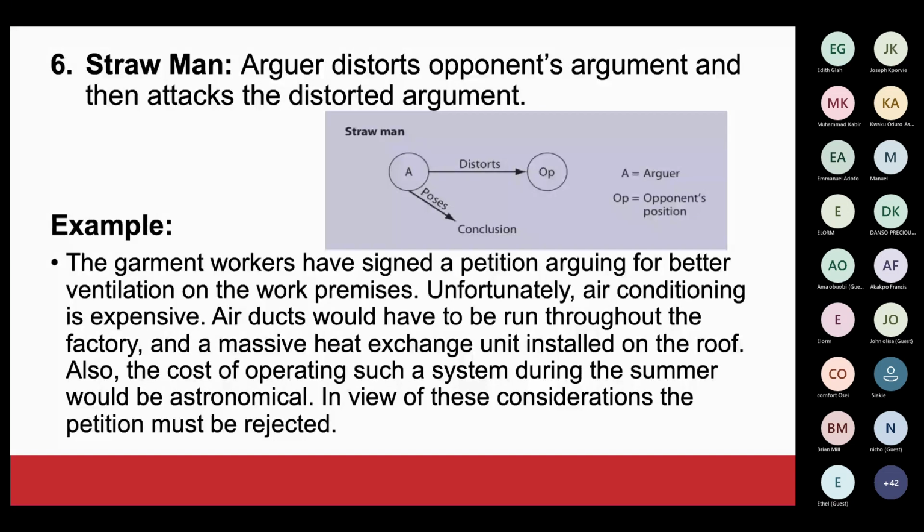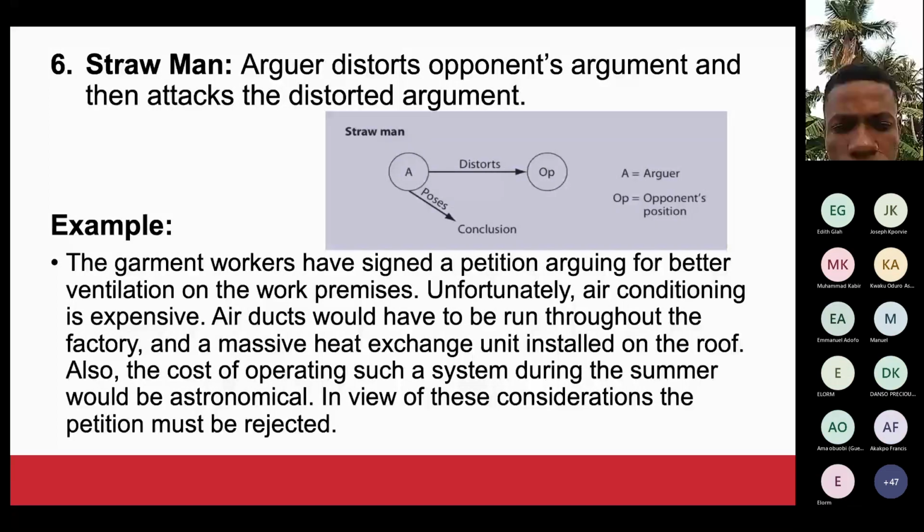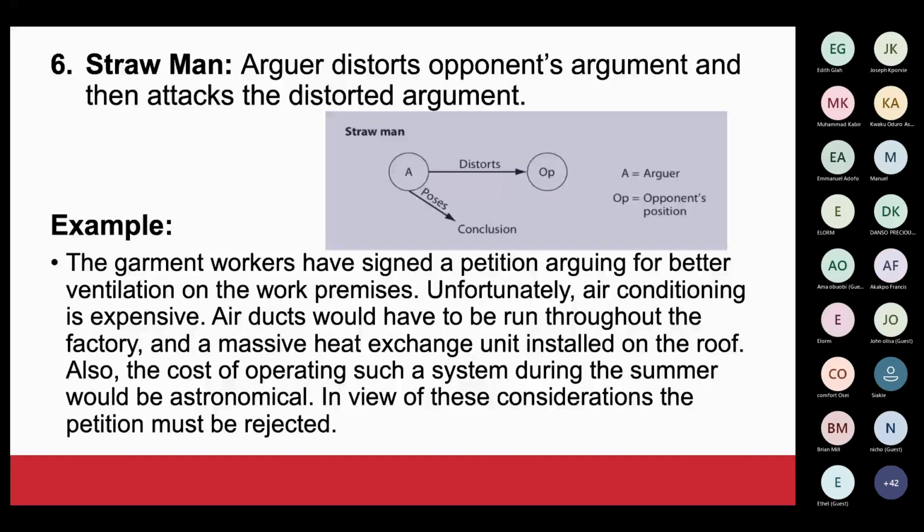Then we have the straw man. In the straw man argument, the arguer distorts the opponent's argument and then attacks the distorted argument. Look at it very well. This is the arguer, and this is the opponent. The opponent has advanced an argument.